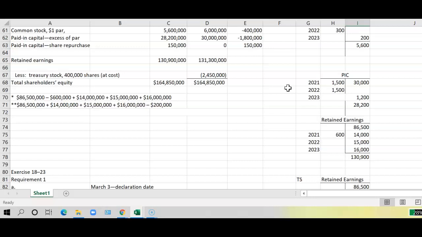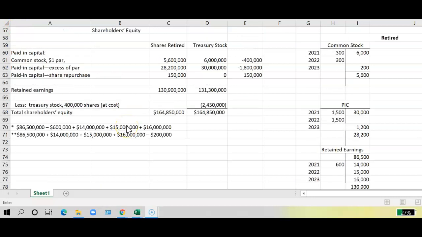Now note that the treasury stock is a subtraction from the equity section, for the 400,000 shares they have left based on their cost in treasury. The 400,000 shares left consist of the 100,000 shares that were repurchased at $8, so that would be $800,000, and the 300,000 shares purchased at $5.50 would be $1,650,000.